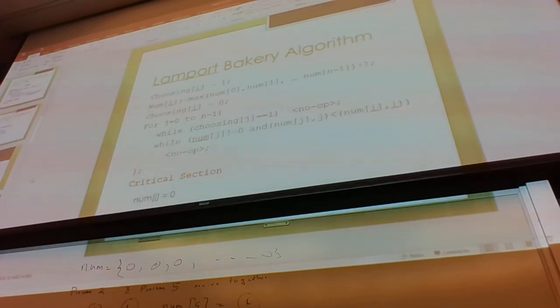So what is the scenario? Process 2 computed the max, but could not store it, and got context switched to process 5.